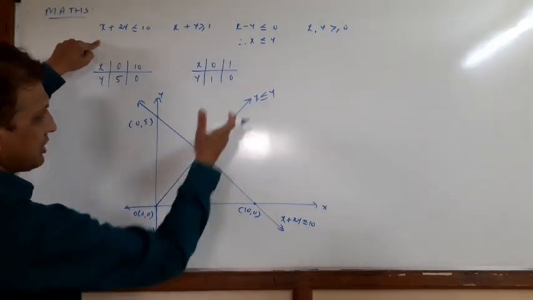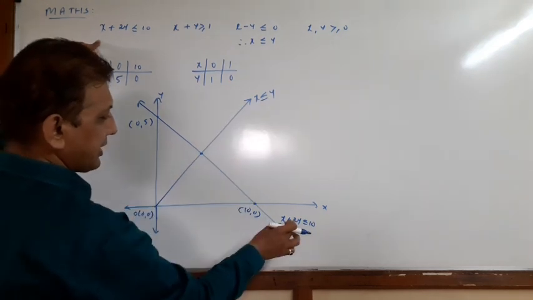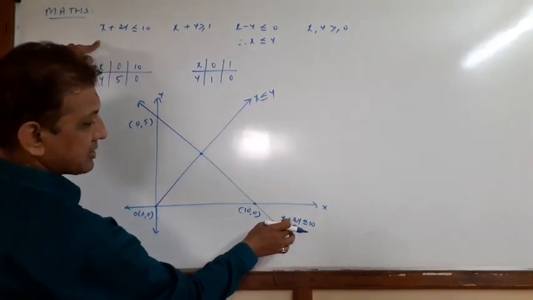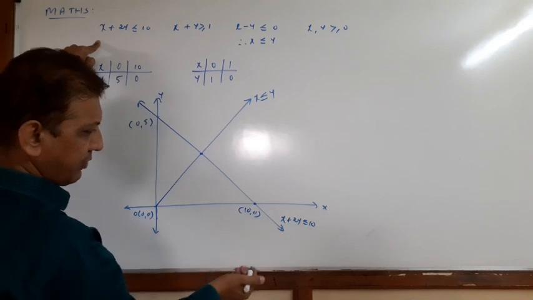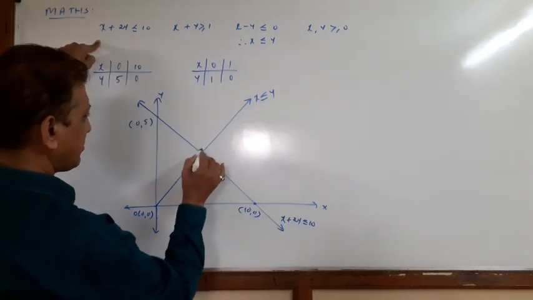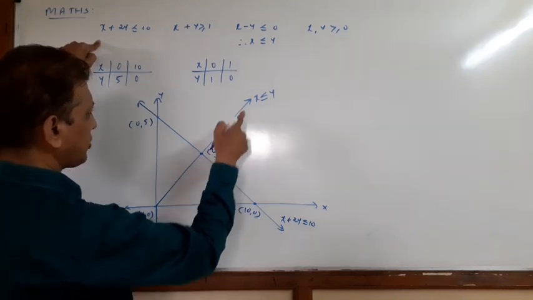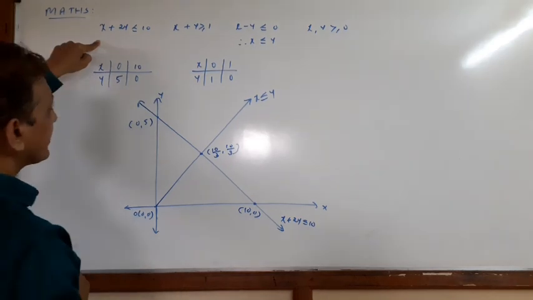Intersection point. Now solve these two equations. x equal to y. Put here x equal to y; in place of y we write x, otherwise in place of x we write y. x plus 2x is 3x, 3x equal to 10, x equal to 10 by 3. So the intersection point is 10 by 3, 10 by 3, because x and y both are equal.